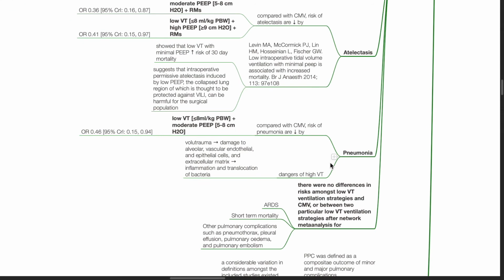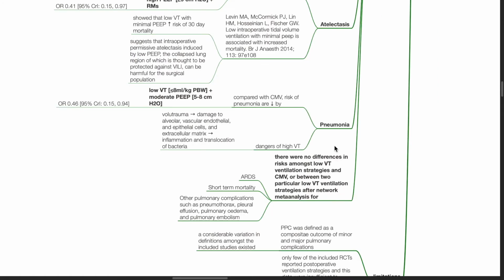Regarding pneumonia, compared with conventional mechanical ventilation, the risk of pneumonia is reduced by low tidal volume plus moderate PEEP 5 to 8 cmH2O. High tidal volume has multiple dangers. It can cause volume trauma, damage to alveolar, vascular, endothelial and epithelial cells, and extracellular matrix, resulting in inflammation and translocation of bacteria.